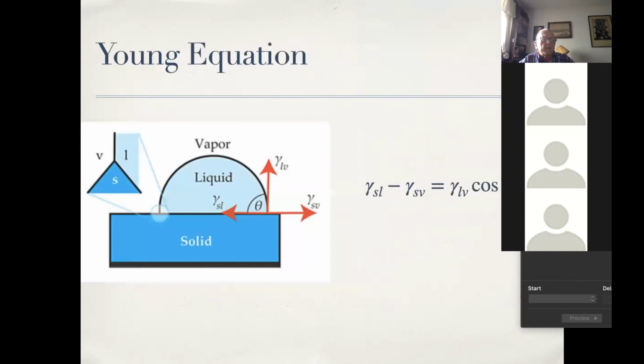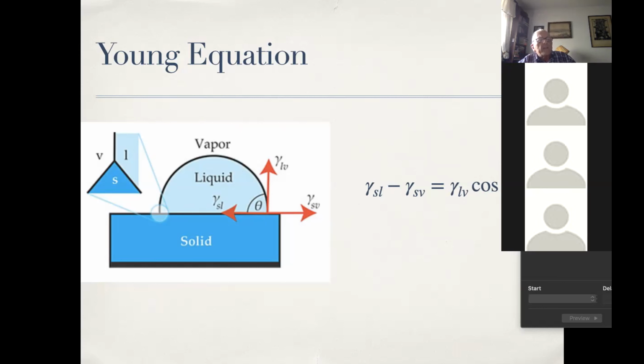Okay, so the important equation which governs that situation, what is actually happening and what this drop is doing, whether it is drying or whether it dries the surface, whether it partially wets the surface or wets the surface, is given by a relatively simple equation, which is called the Young equation.